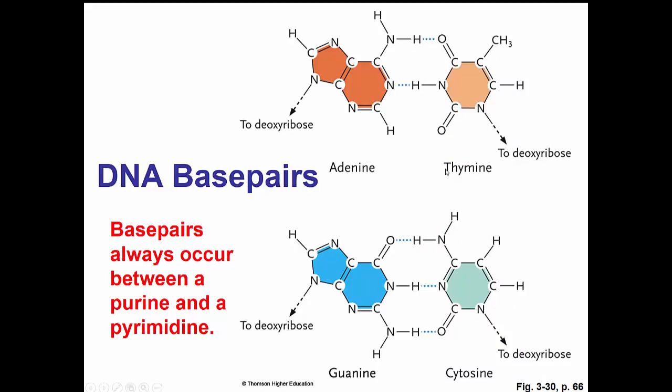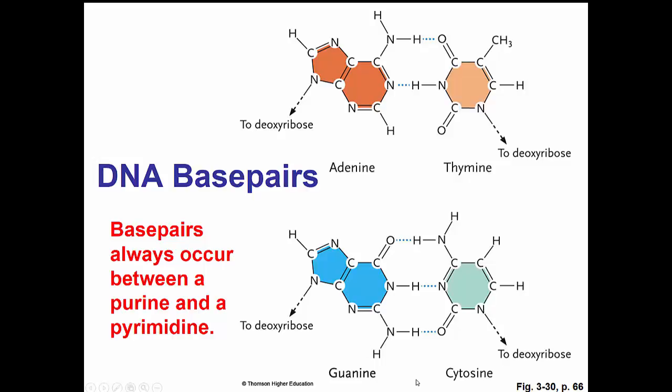And this is just taking a look a little more closely at those DNA base pairs. Once again, they always occur between a purine, so adenine or guanine, and a pyrimidine, so shown here, thymine or cytosine. AT base pairs are connected by 2 hydrogen bonds. You can see here we have a hydrogen bond between this partially positive hydrogen and this partially negative oxygen.